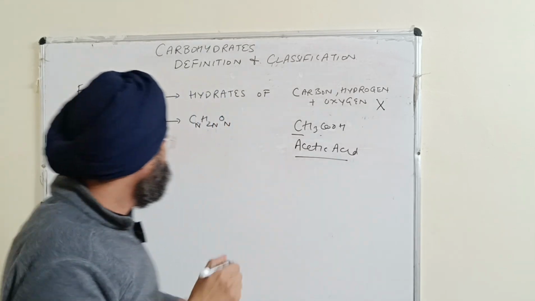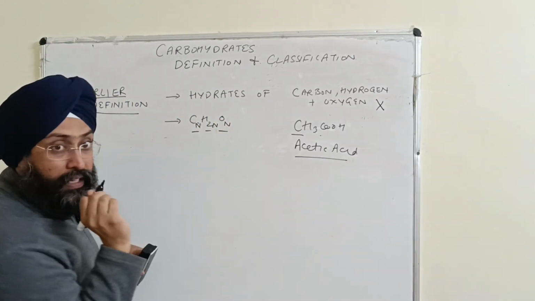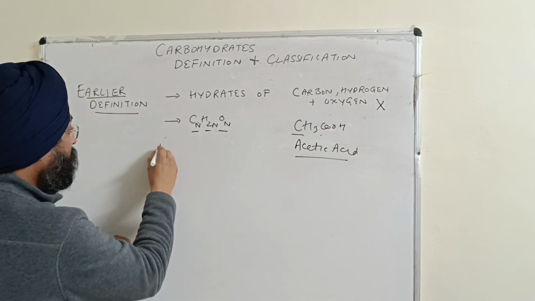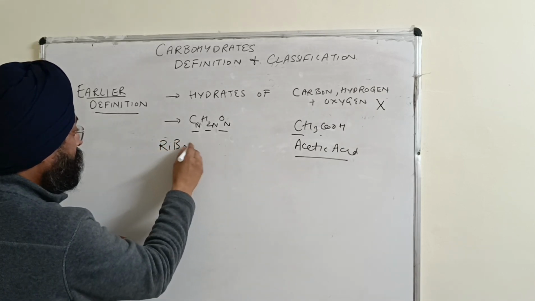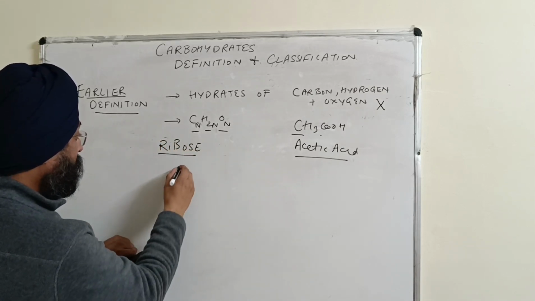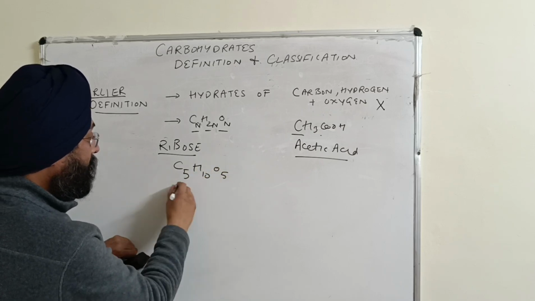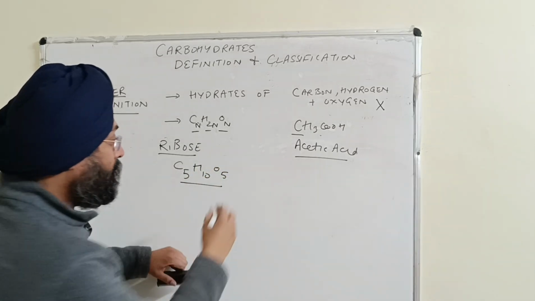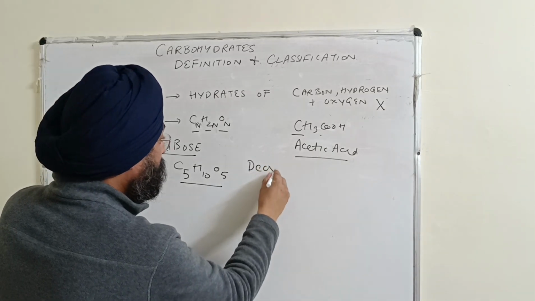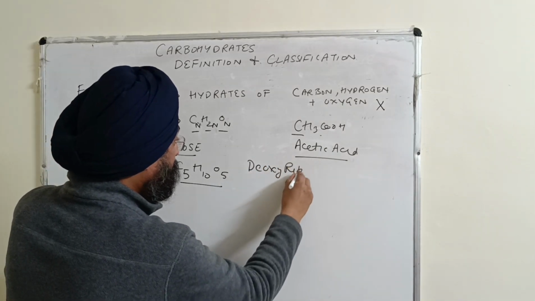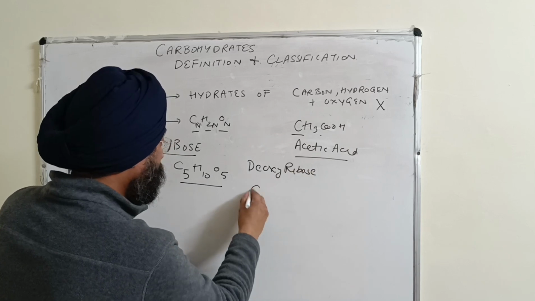Moreover, one more point, CnH2nOn, right? So, for example, I write down the formula of ribose sugar, right? C5H10O5, right? And in case of deoxyribose, right?